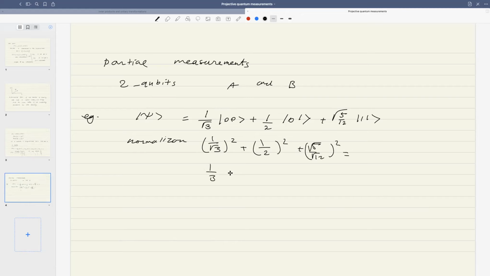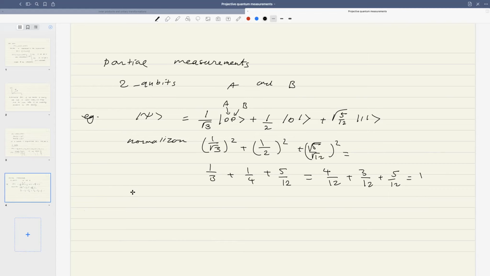This is 1/3, 1/4, 5 over 12, which is 4 over 12 plus 3 over 12 plus 5 over 12. That adds up to 1. Okay, so that's one normalized state. Again, the first one is qubit A, the second one is qubit B.